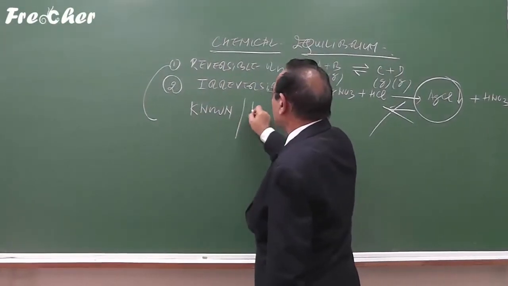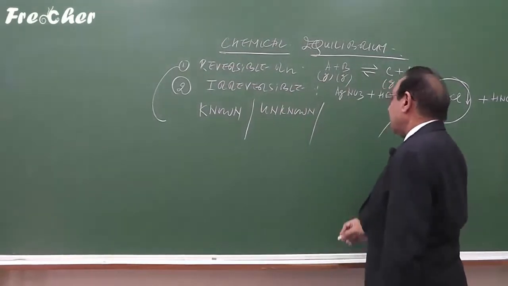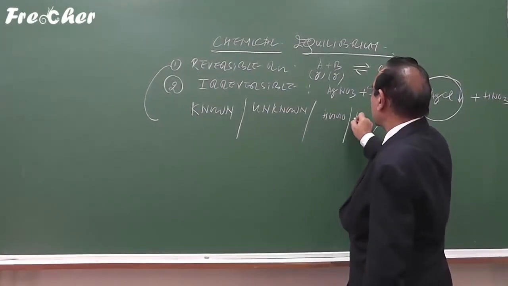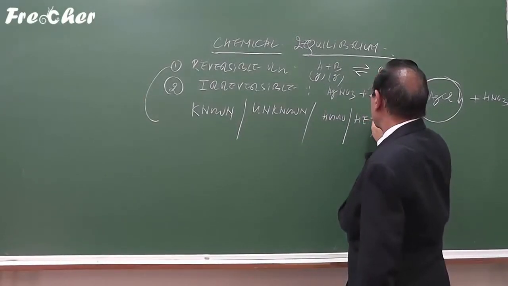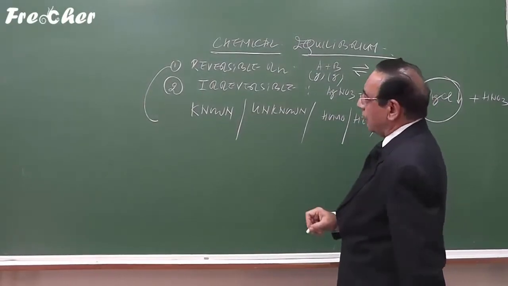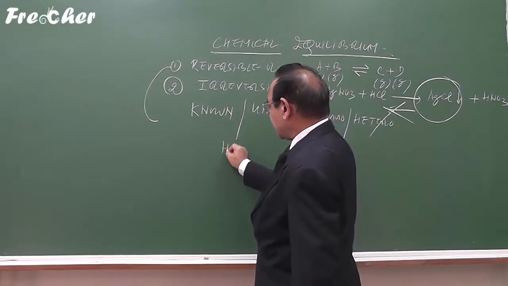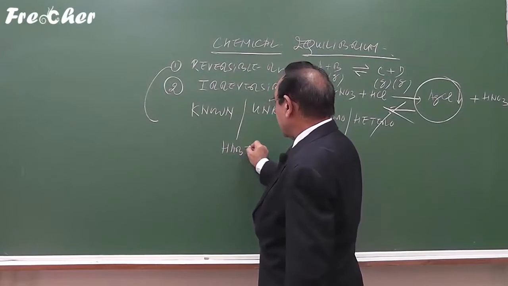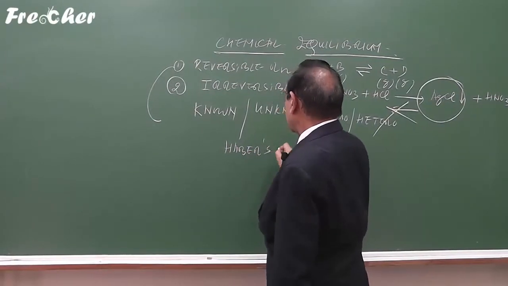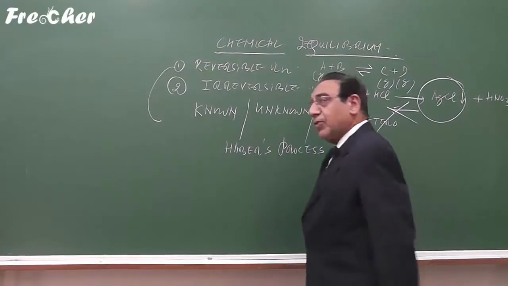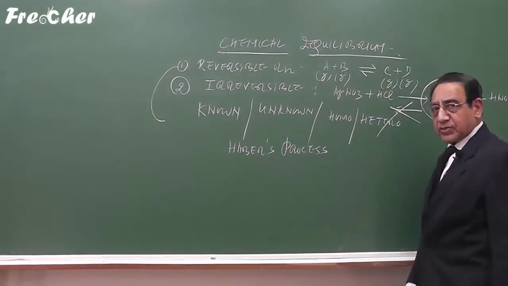Now reversible reactions may be known, may be unknown, may be homo, may be hetero. For example, you know a well-known reaction, Haber's process. Everybody knows this reaction is ammonia preparation.